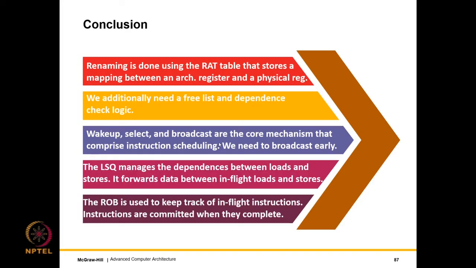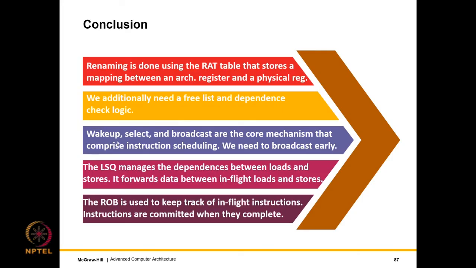Alright, so we have successfully ended our journey of this very long chapter on the rather intricate aspects of an out of order pipeline. But at least you'll be happy to know that the out of order pipeline is complete. So some of the key points: renaming is done using the RAT table between architectural and physical registers. We do need a free list and dependence check logic.